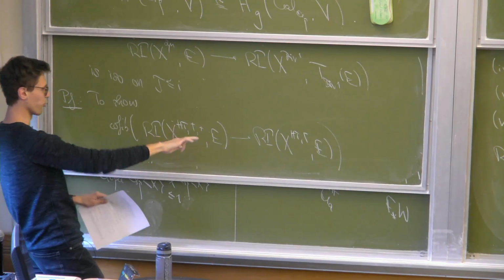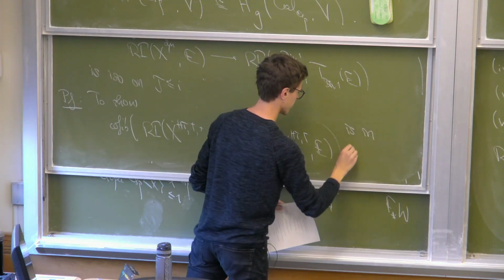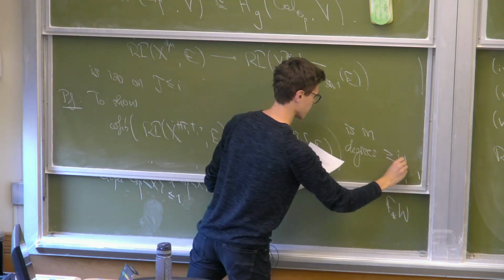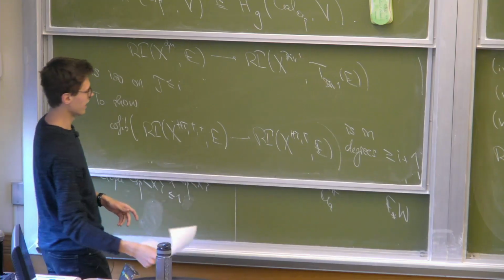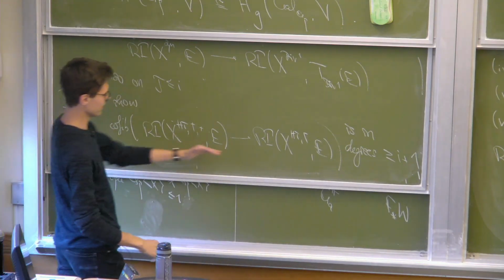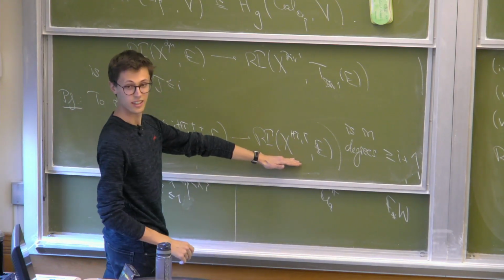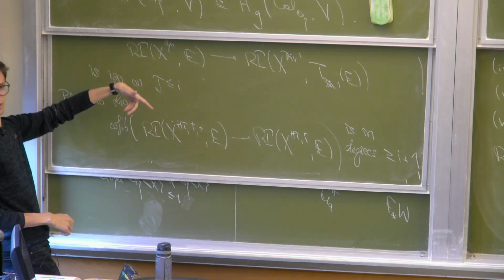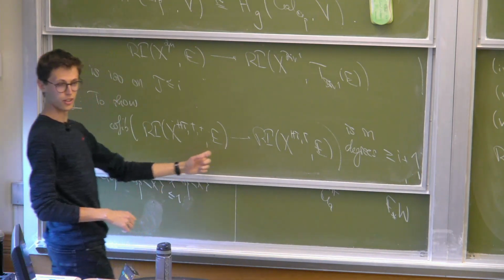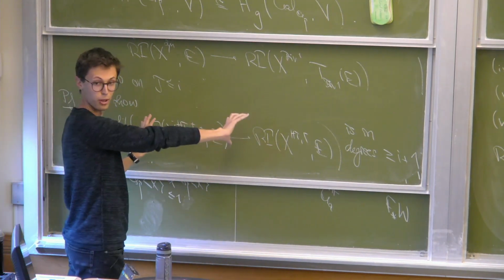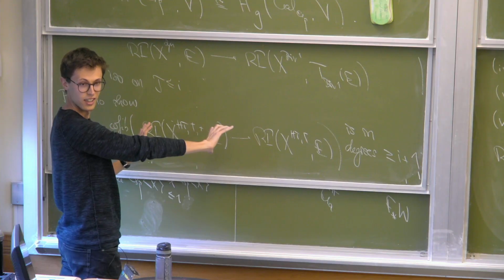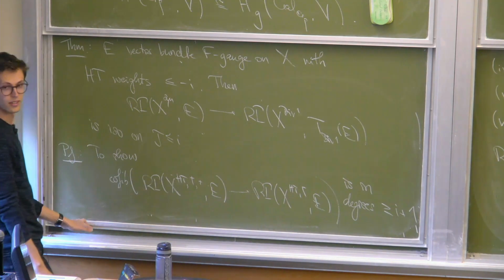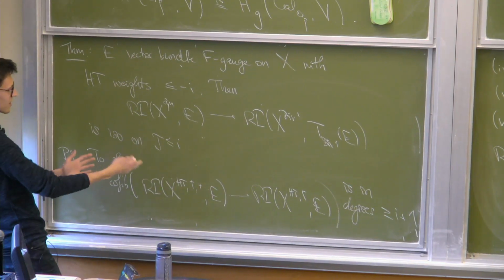And my task is to show that this cofiber is in degrees greater or equal to i plus 1. And I'm claiming that this is an assertion that you can check locally. So I can assume that X has a toric chart. And then you can use this description of these categories that I had before to explicitly write down some double complexes which compute these cohomologies. And you see that the condition on the Hodge-Tate weights exactly gives you this thing. Now it's an explicit computation.